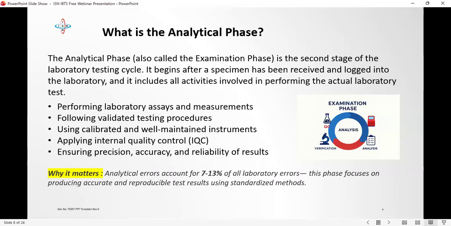For different reagents, there are different onboard stabilities. There are reagents that can last onboard for just a month, some for 2 months, some for 3 months. So you need to always look at your IFUs, that's your instructions for use manual, for all of your reagents to know their onboard stability.